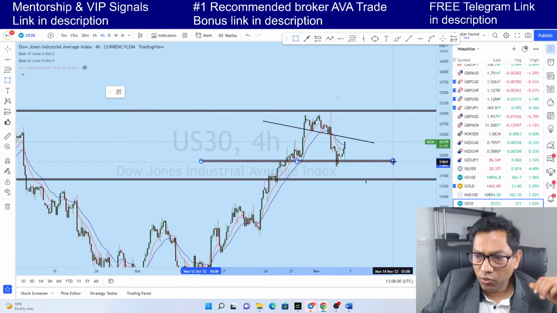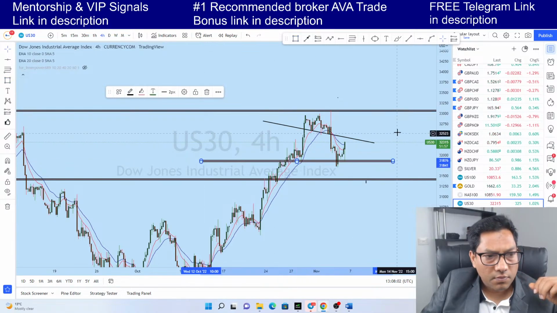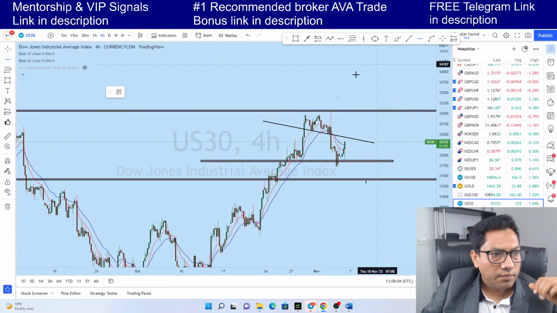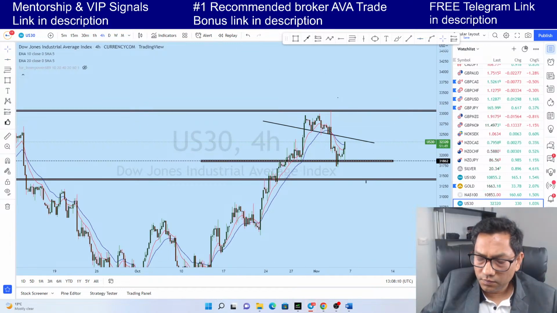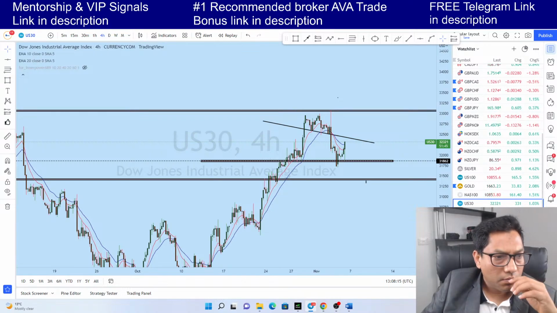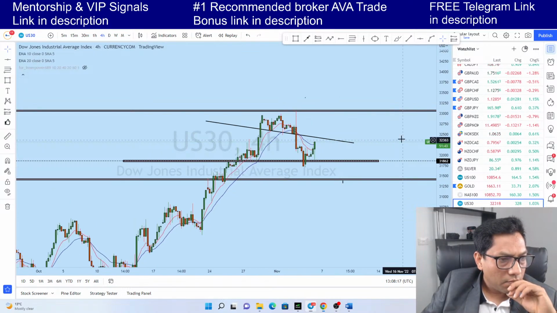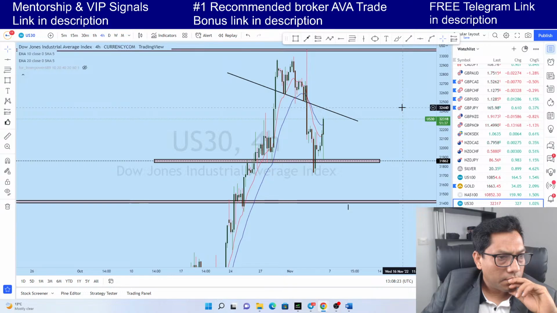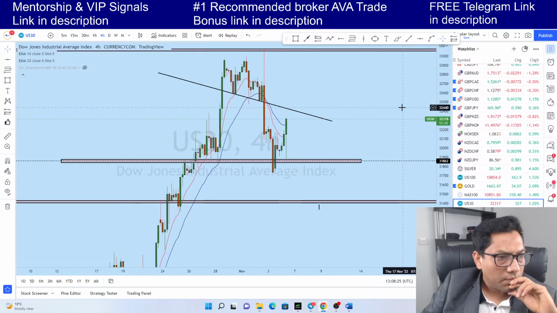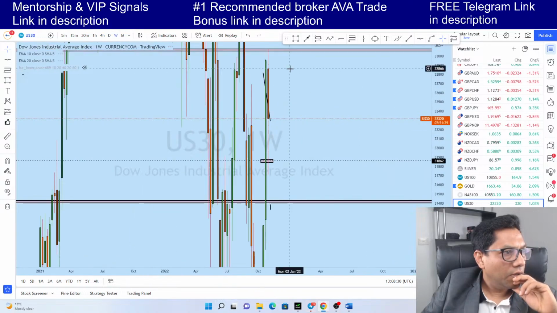Okay, from this support we see that... look at the weekly.